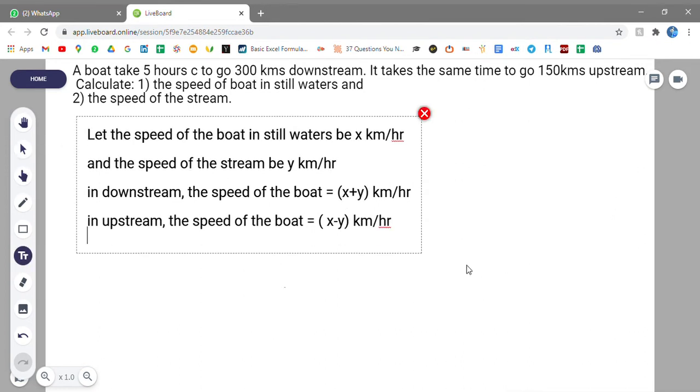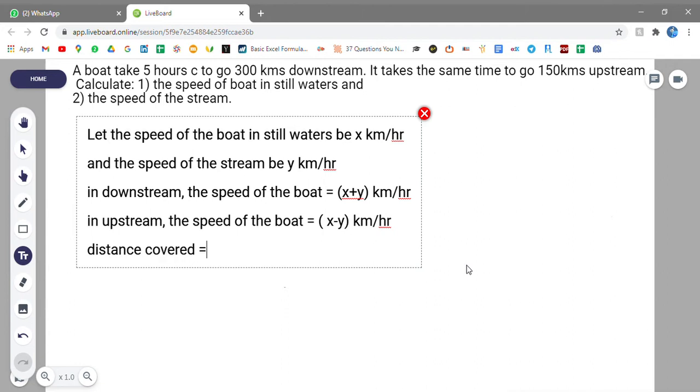The major thing we are supposed to understand is the formula of distance covered. Here they have given that in 5 hours they will be able to cover the distance of 300 kilometers downstream, and for the same 5 hours they will be able to cover the distance of 150 kilometers upstream.